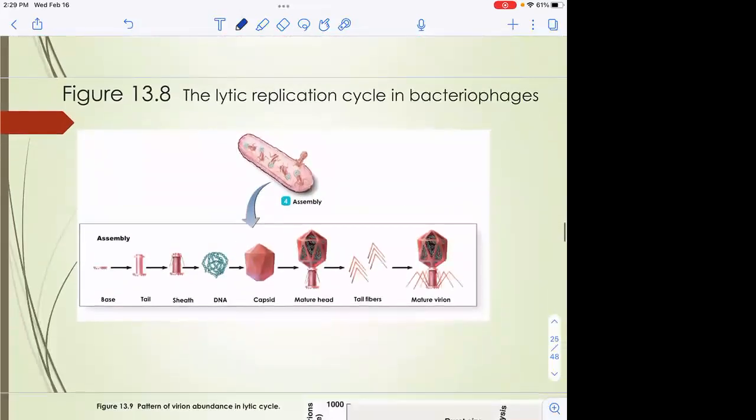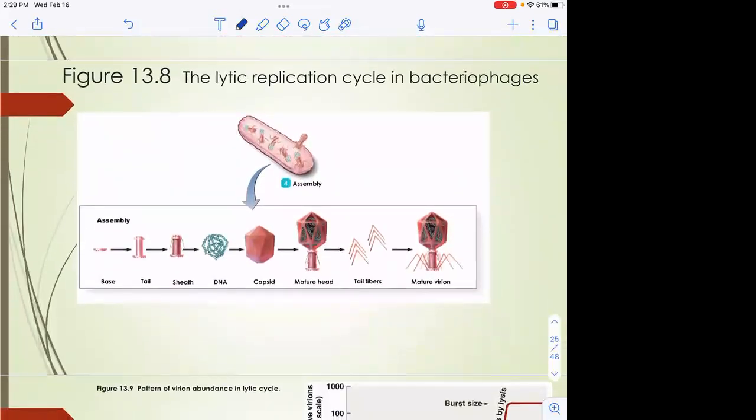Assembly, here's a blow up of the assembly phase. So all the things that it needs to make a new virion somehow assemble. There's a lot we don't understand about this process. It doesn't appear to be mediated by a whole bunch of enzymes. It appears to spontaneously come together. And again, there's a lot we don't understand about that. But they are assembled, kind of like an assembly line at GM.